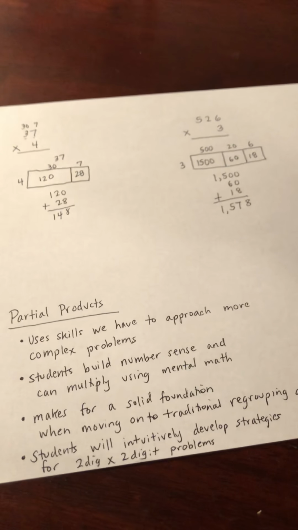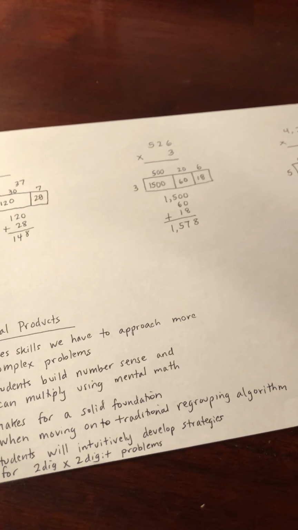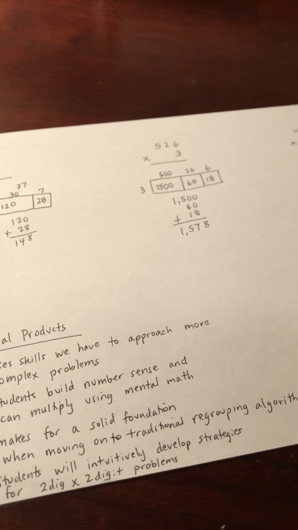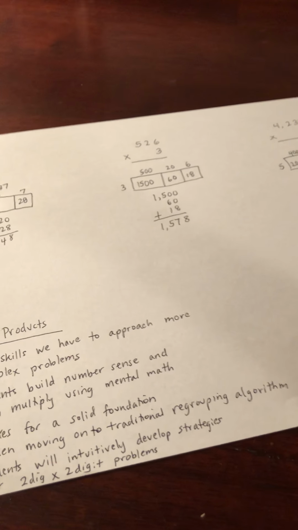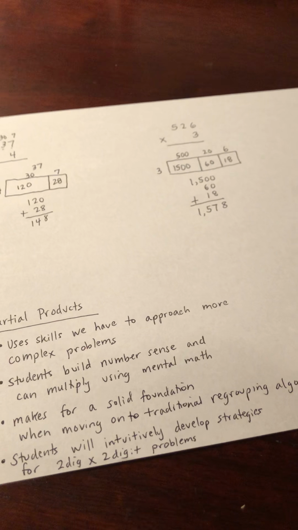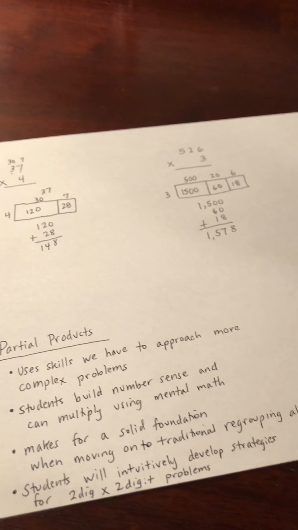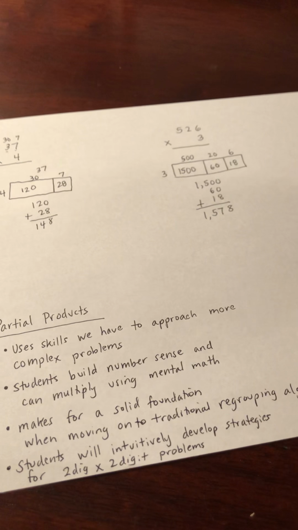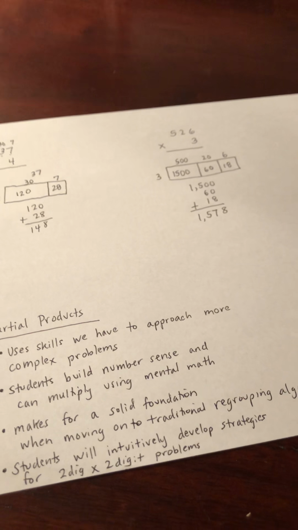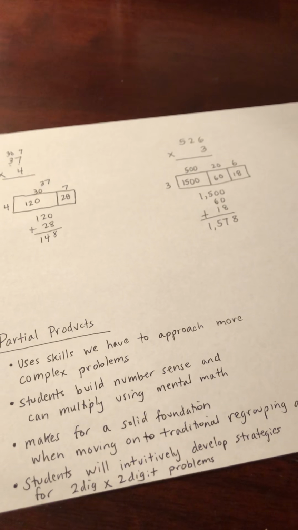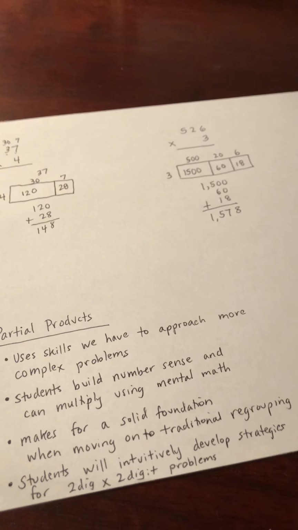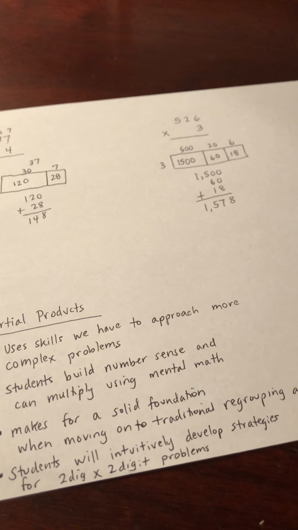It makes for a more solid foundation when moving on to traditional regrouping algorithms, so they can see how this relates to the steps of starting in the ones place and multiplying each one of those numbers as we move across. And it's amazing as we get into this, when I start teaching 2-digit times 2-digit multiplication problems in a couple weeks, how students will be able to take this strategy and almost invent that traditional algorithm on their own. They know exactly how to break up numbers and how to multiply those numbers.